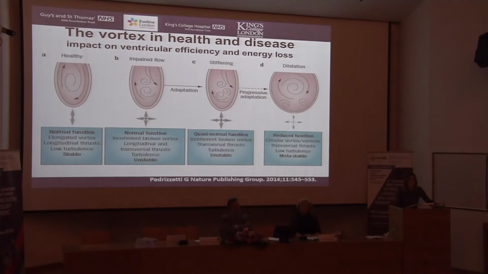Then we are getting into a vicious cycle. The ventricular stiffening will induce further turbulence in the flow, and then the ventricle will respond with progressive adaptation, which ultimately will result in a dilated ventricle with reduced systolic function. We call it a metastable situation, where we don't have many opportunities for further adaptation.